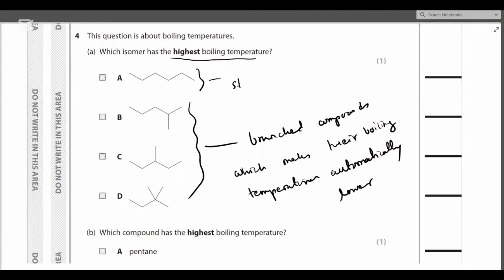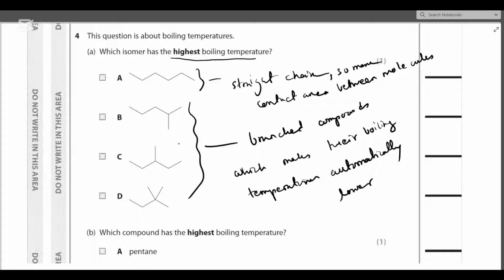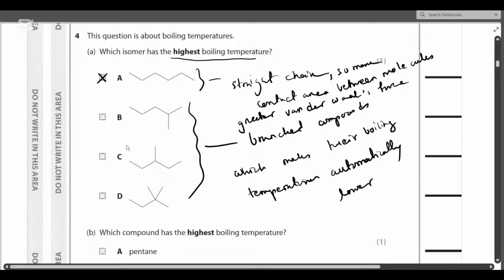This one is a straight chain. Straight chain ones tend to have more contact area between molecules, and more contact area between molecules results in greater van der Waals force. So the compound with the greatest boiling temperature is option A right here.